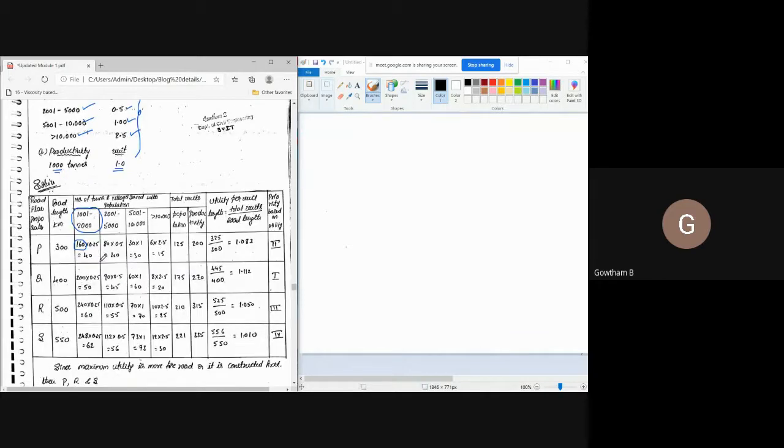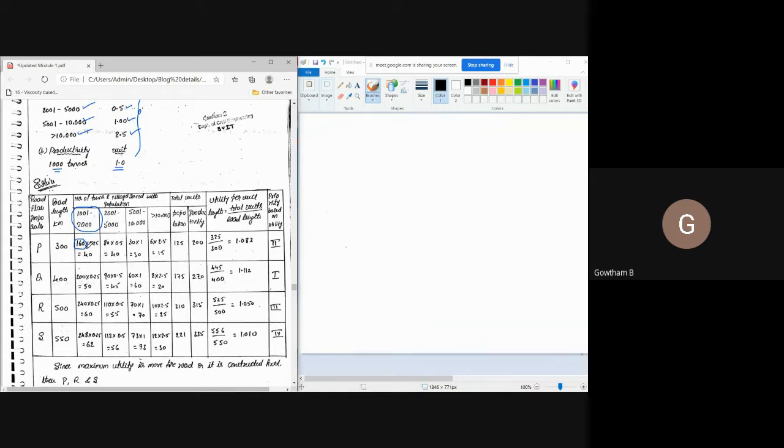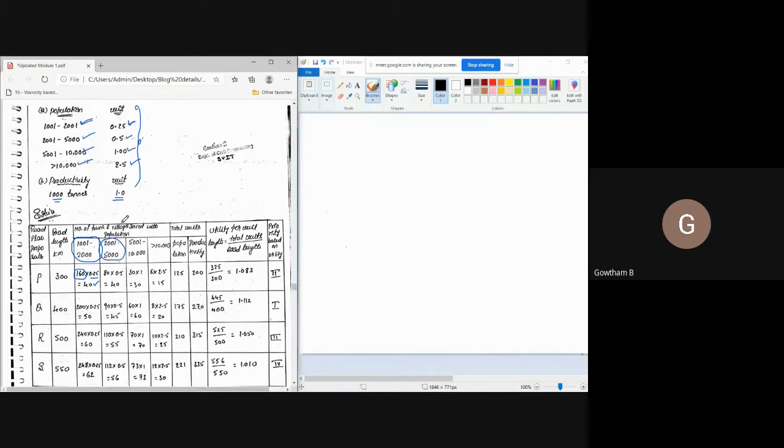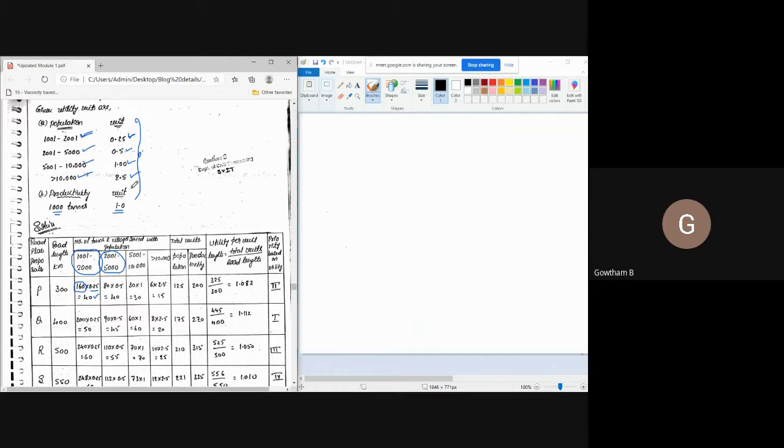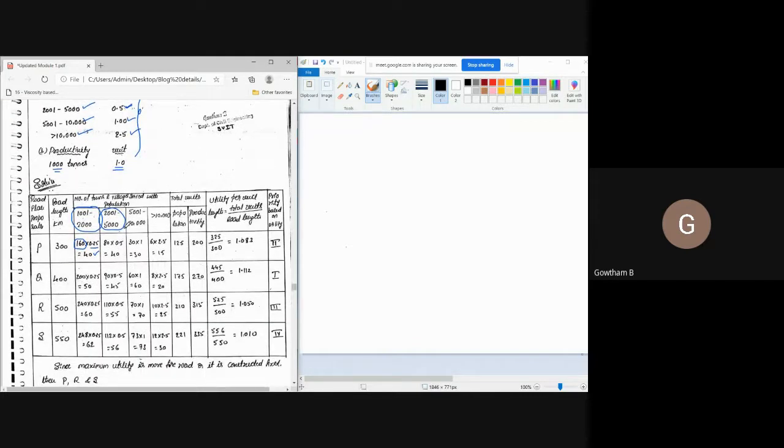Here the total is 160, therefore 160 multiplied by 0.25 will be equal to 40. Similarly, for the next population range 2001 to 5000, the utility unit is 0.5. Therefore, 80 towns or villages multiplied by 0.5 is equal to 40.